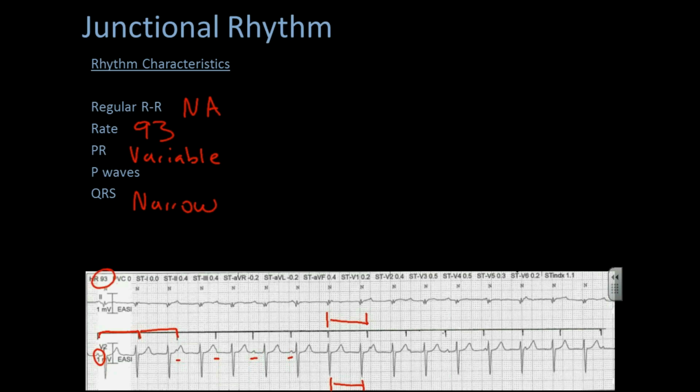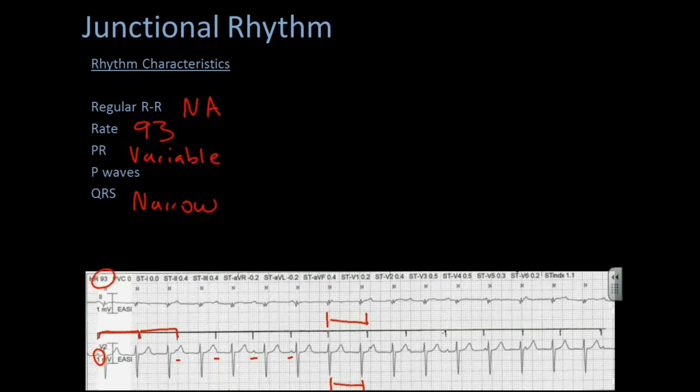So as you can see, junctional rhythm and accelerated junctional rhythm can be somewhat confusing. Understanding the relationships between the QRSs and the P waves may help you figure out rhythm strips like this that seem confusing.